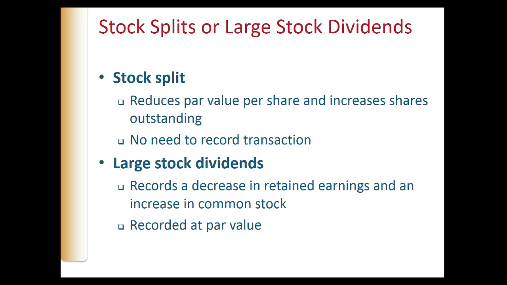Your 200 shares still have a $4,000 value, the same as your 100 shares did before. But now each share is worth half as much, $20 a share rather than $40 a share. Total assets, total liabilities, and total stockholders' equity do not change as a result of a stock dividend.